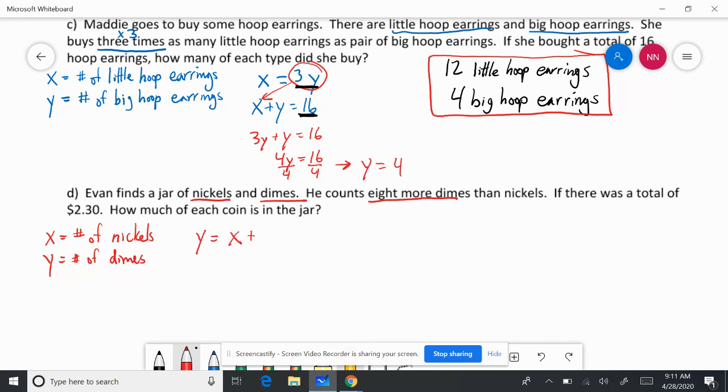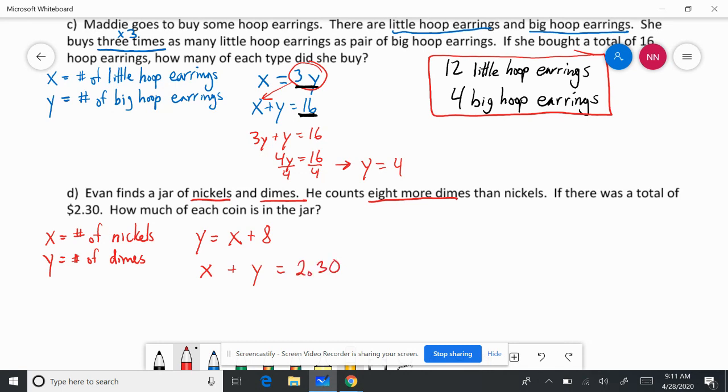So if we have X as nickels, whatever the number of nickels, he has 8 more dimes, so we're going to be adding 8 to it. Then it says if there was a total of $2.30. So that means that X plus Y equals 230.